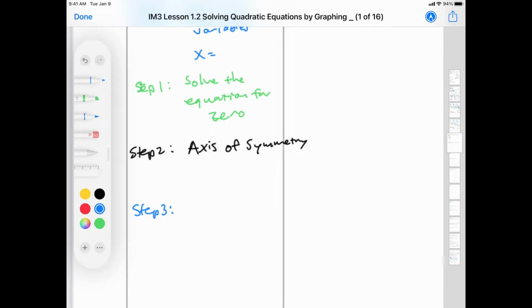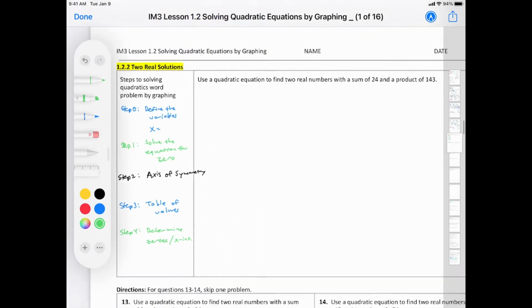Step 3, a table of values. And step 4, determine the zeros. And remember, zeros are x-intercepts. Those are synonymous, same names.